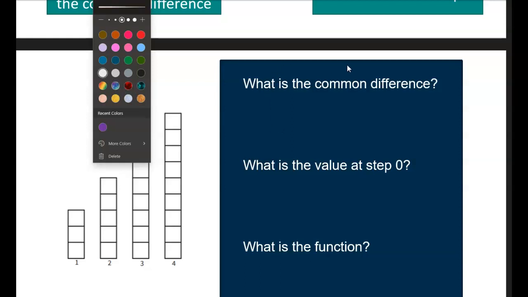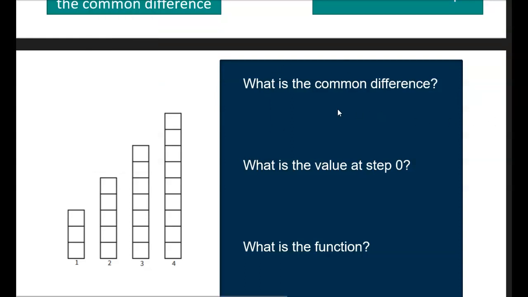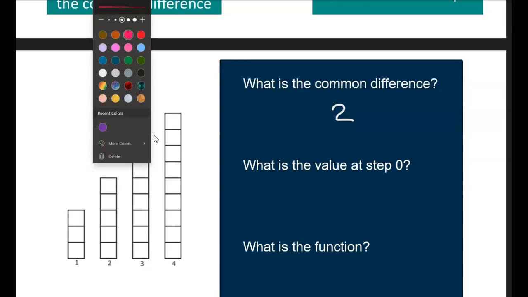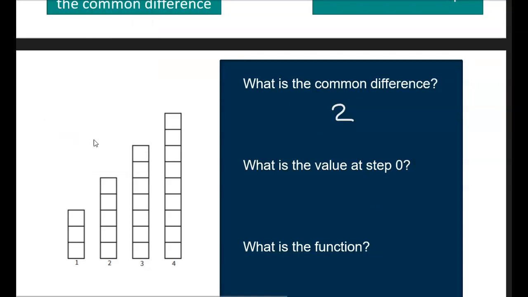Okay, here we go. So what is the common difference here? So what is the change? Well, we decided that the change was plus 2 each time. So our common difference is 2. And then what is the value at step 0? Okay, so the value at step 0, this is interesting because we have day 1 here, right? Day 2, day 3.